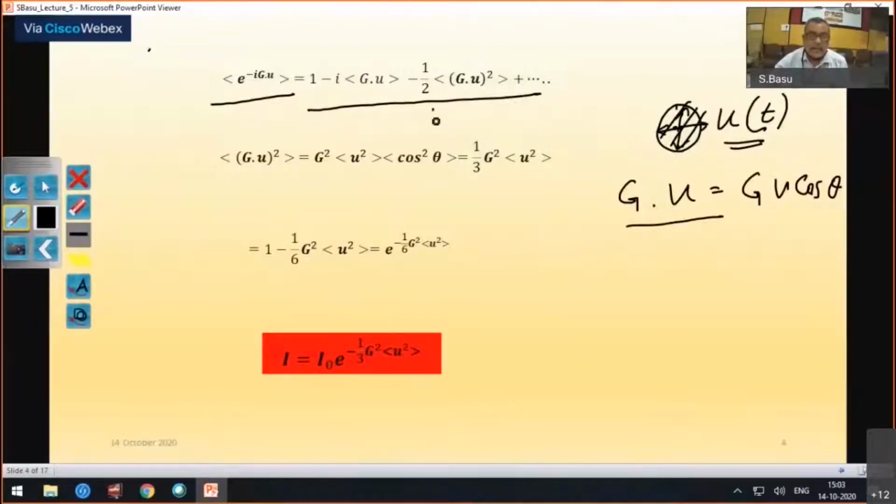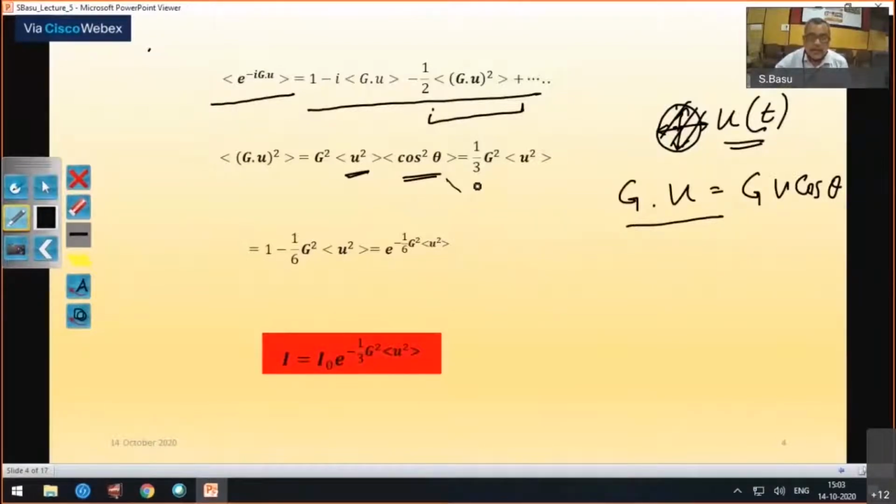Then this term remains, g dot u squared, and I can do the averaging over the displacement amplitude and the angle with respect to the coordinate system individually.